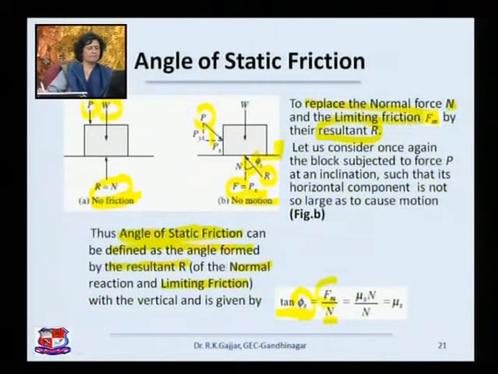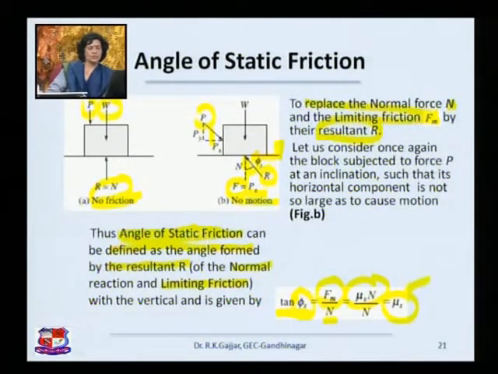What is Fm? Once again, we already know what Fm is. It is the coefficient of static friction multiplied by the normal force, divided now by the normal force. What is tan phi? Equal to the coefficient of static friction.